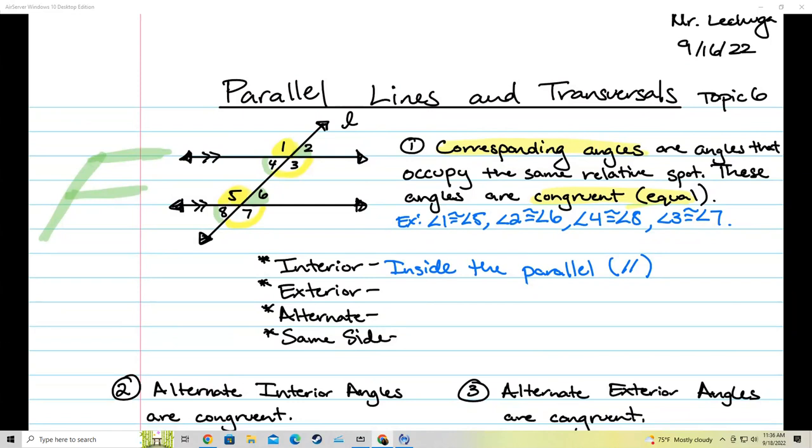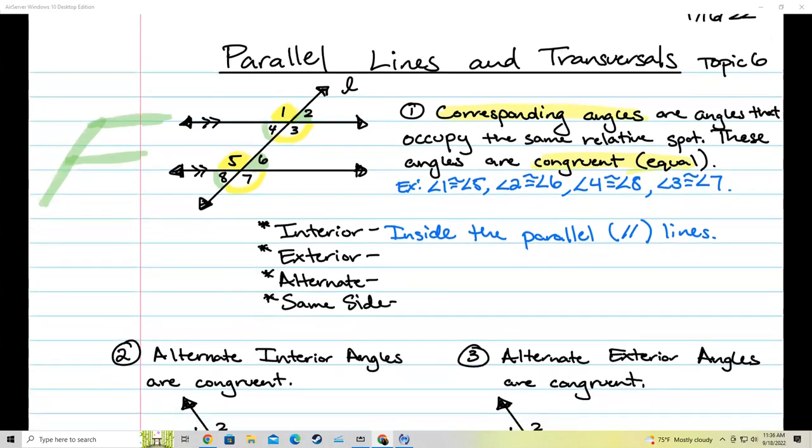I'm going to be using that shortcut a lot instead of writing parallel, so you should get used to it. So if interior is inside the parallel lines, then exterior would be outside the parallel lines.